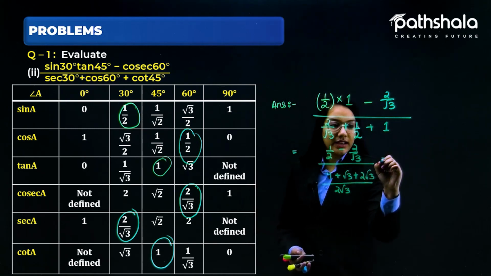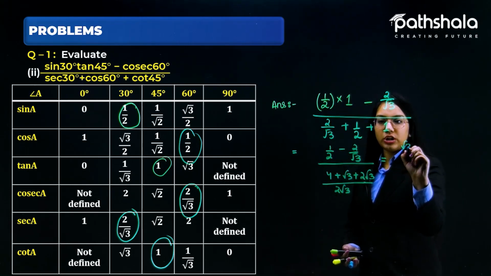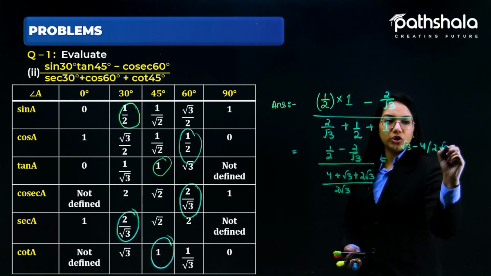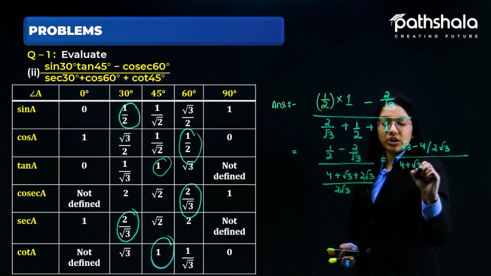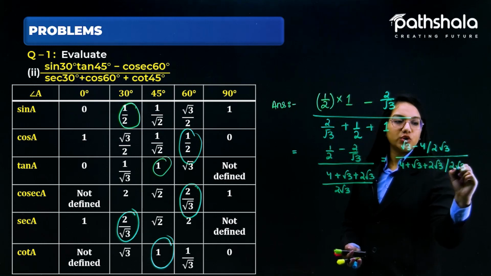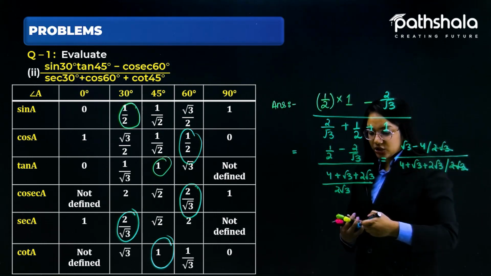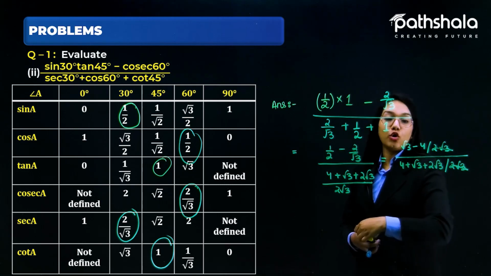If I take the LCM in the numerator as well, this would be root 3 minus 4 divided by 2 root 3, whole divided by 4 plus root 3 plus 2 root 3 whole divided by 2 root 3. So 2 root 3 and 2 root 3 get cancelled with each other because they are both in the denominator of the numerator as well as in the denominator.